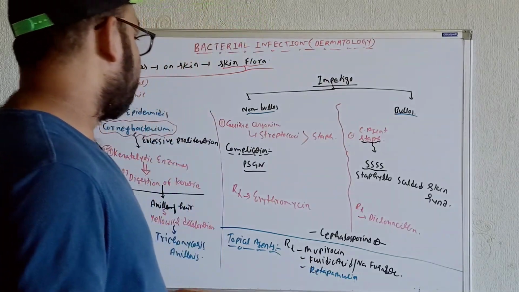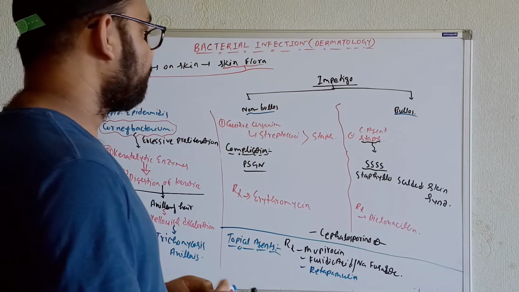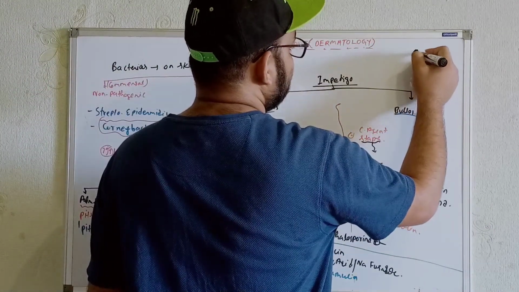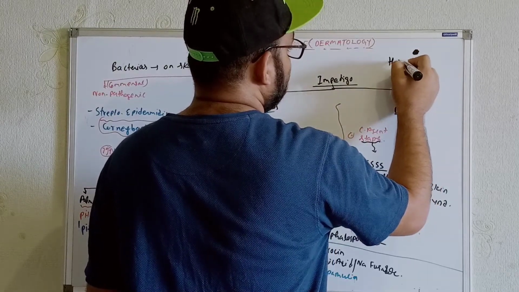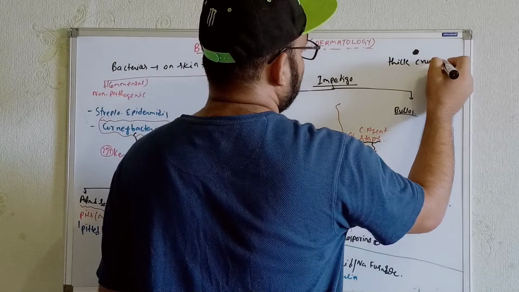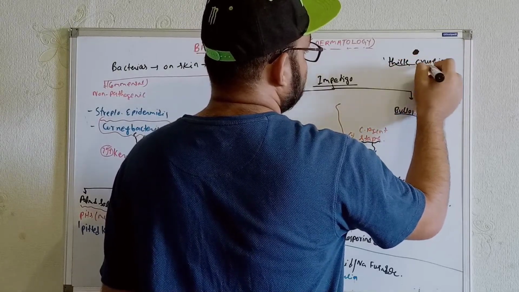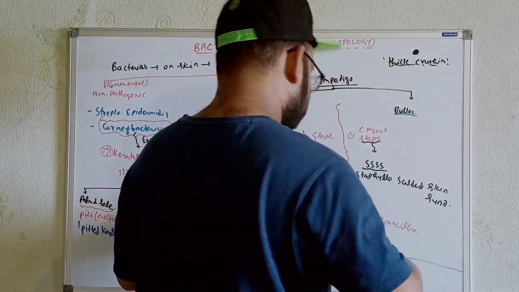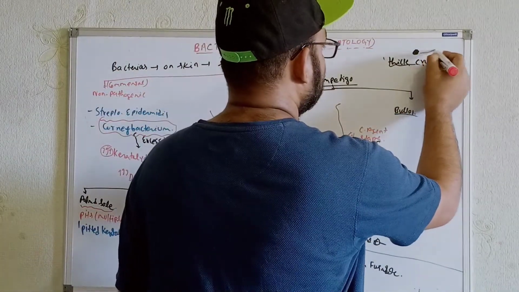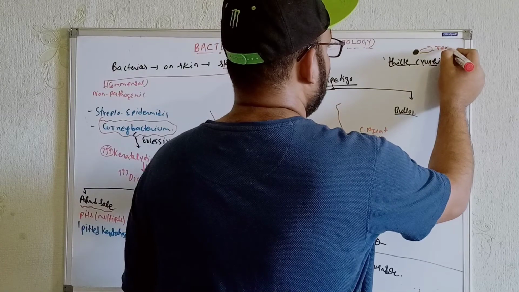Now there are some complications. Originally we were getting individuals who have come over here, and we are getting thick crusting. If we get thick crusting on the skin, at first we need to remove this part. How to remove it?